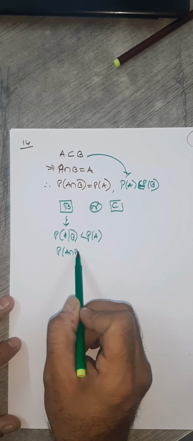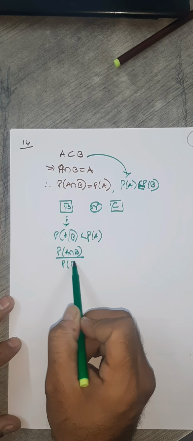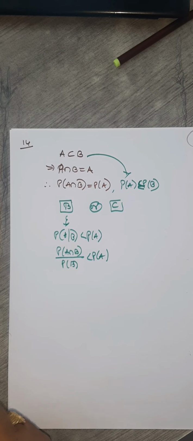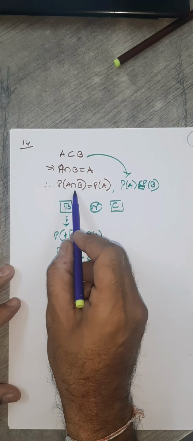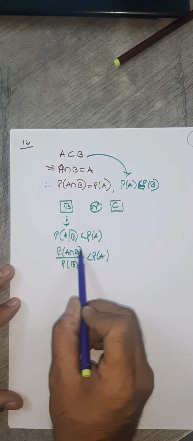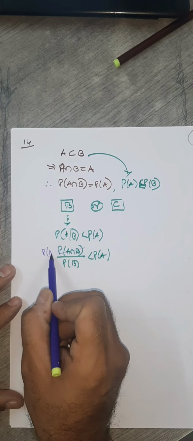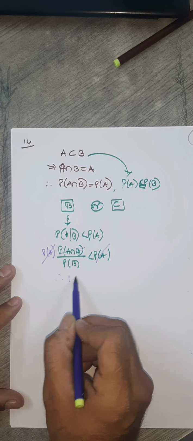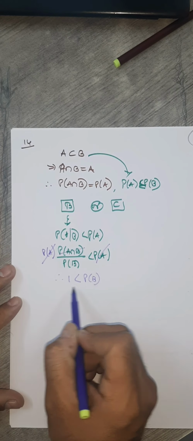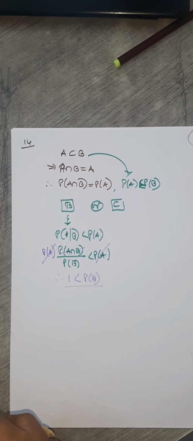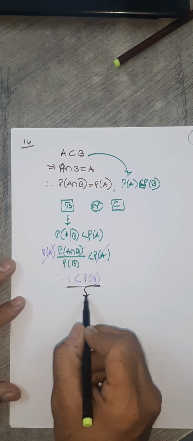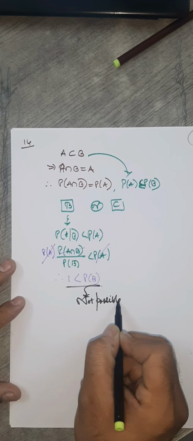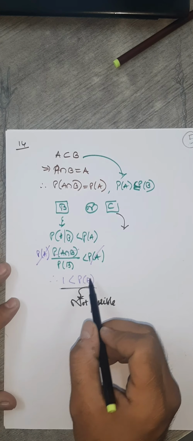This is P of A intersection B upon P of B is less than P of A. So from this, the numerator is just P of A. So P of A will get cancelled, you take it on the other side. So the probability of the event B is more than 1. This is not possible. Fine. So now it has to be option C.